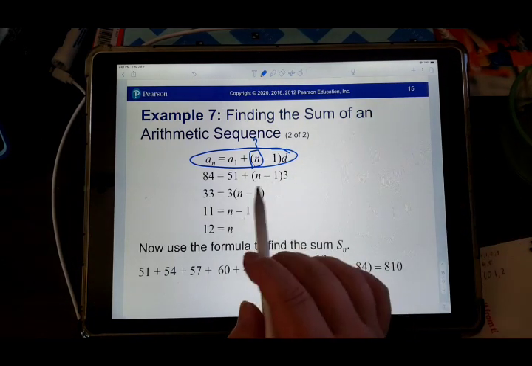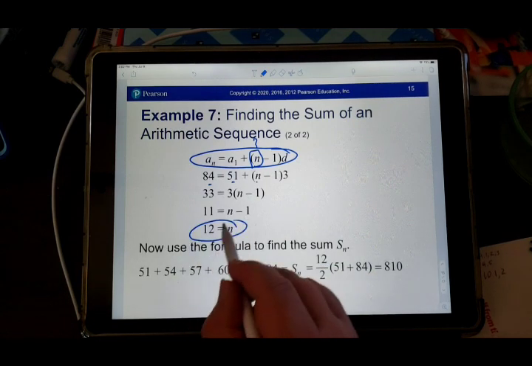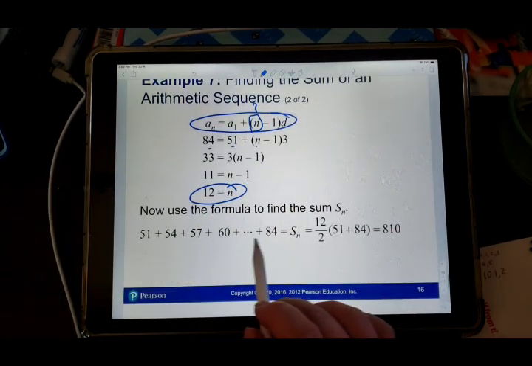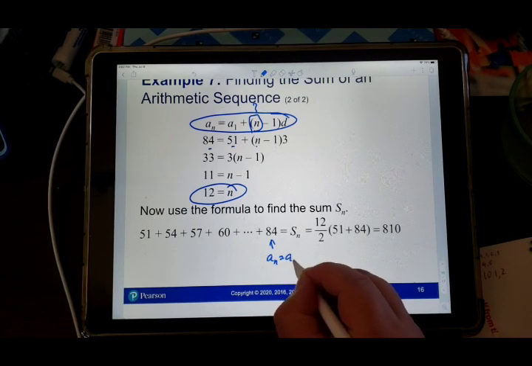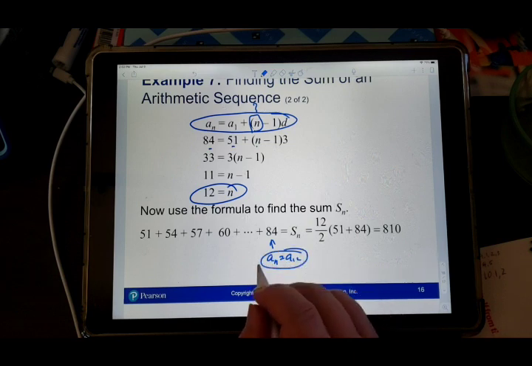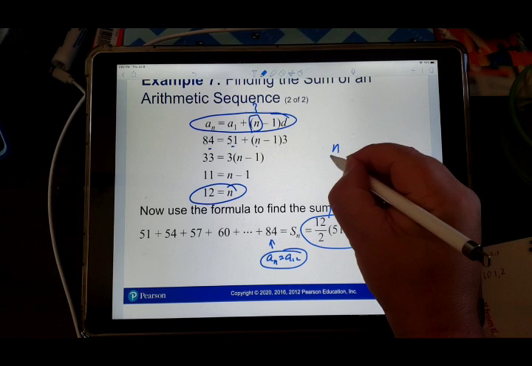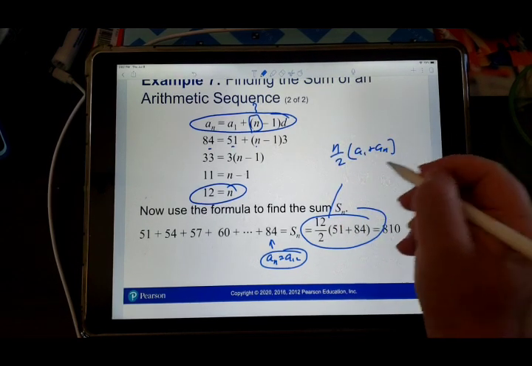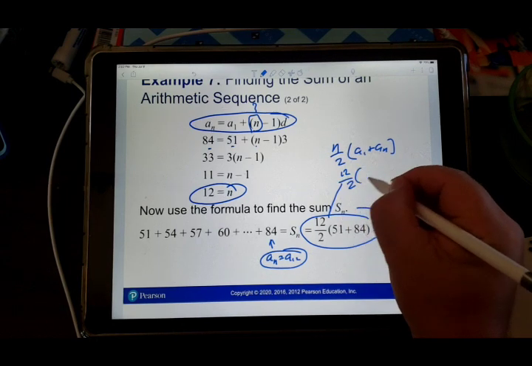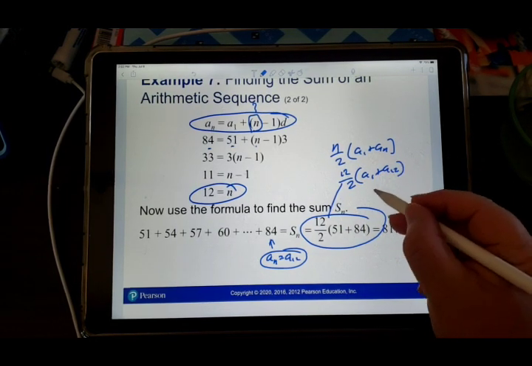So for the first formula we're given, you can substitute everything else in, and you find that n equals 12. And what that means is there are 12 terms in this sequence. So a sub n can be replaced with a sub 12. Now, do you remember the formula? It's n over 2 times a1 plus an, or 12 over 2 times a1 plus a12 in this case.